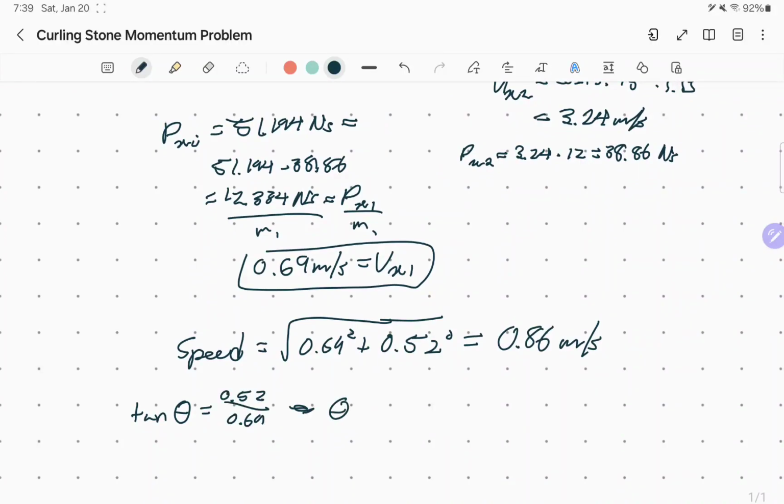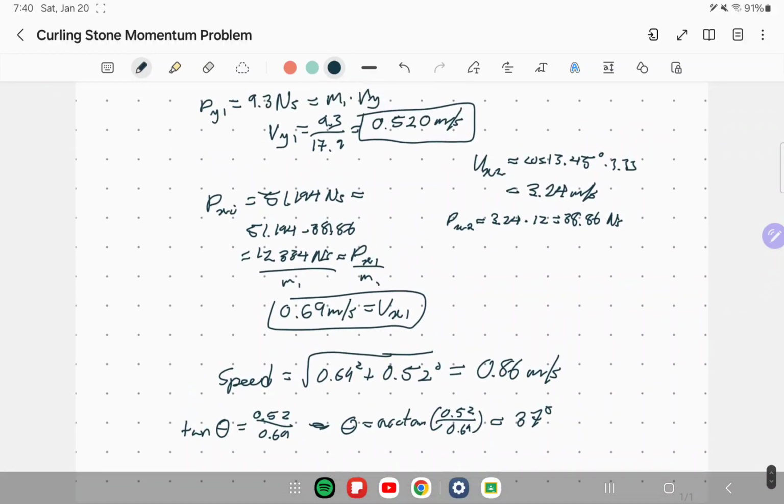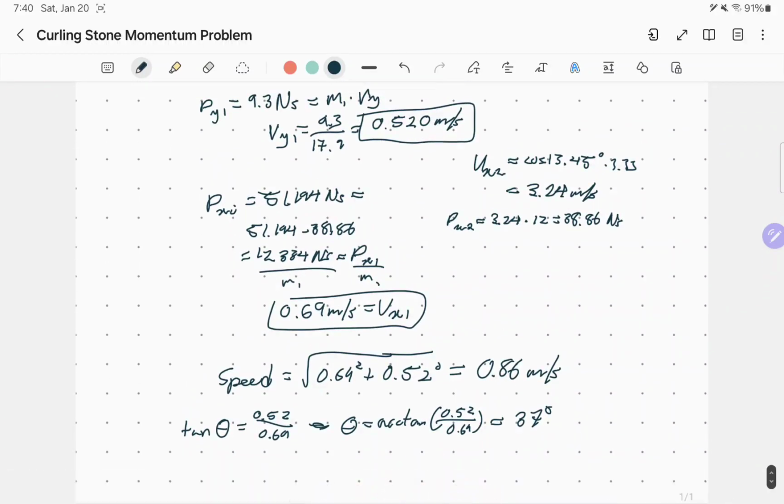Then theta is equal to arc tan of this value, which is 37 degrees. And that is our answer. It is going at 0.86 meters per second, 37 degrees north of the horizontal. All right. Thank you for watching.